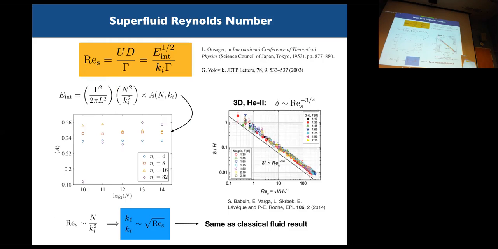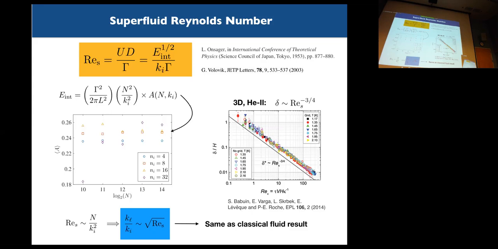What Onsager said is that maybe you just have to replace the viscosity with the quantum of circulation, which is the only parameter around that has the right dimensions. So you can think of this as comparing the macroscopic flow structures to what you get for a single quantum vortex.